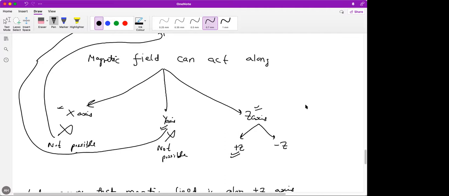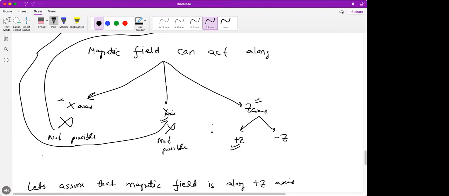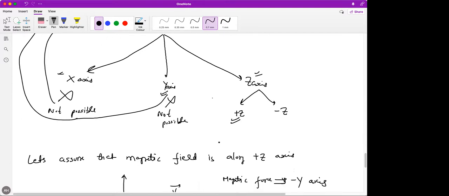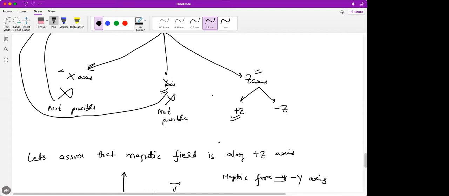Shazada, any doubt? No, sir. Okay. I will ask those questions again. Lorentz force seems a very small topic, but the standard of questions is very good here.